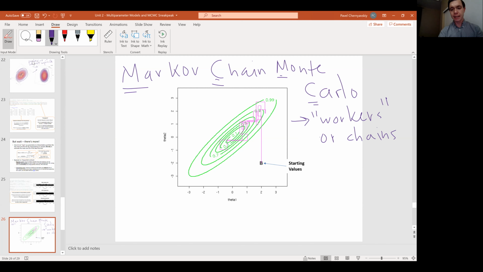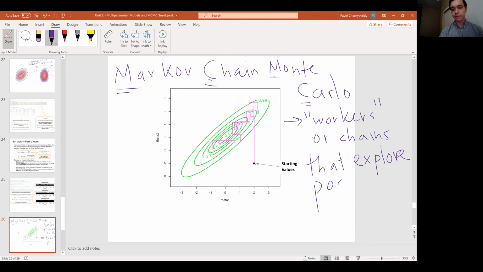Workers or chains that explore the posterior. So these chains, again, sequences of numbers generated at random from our posterior density, are going to have starting values like what you see here.